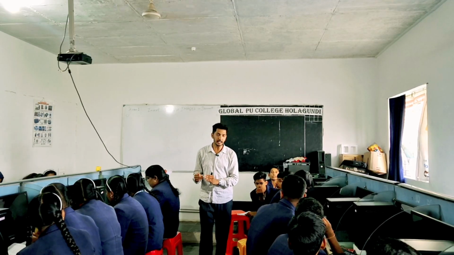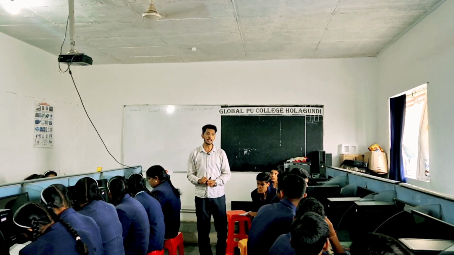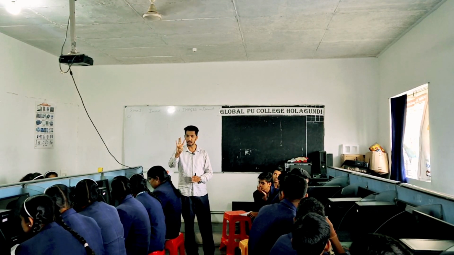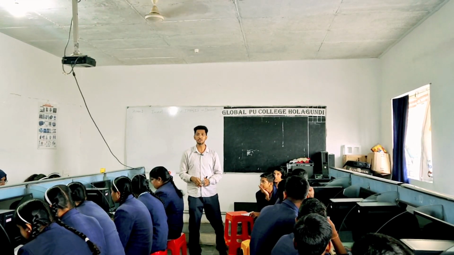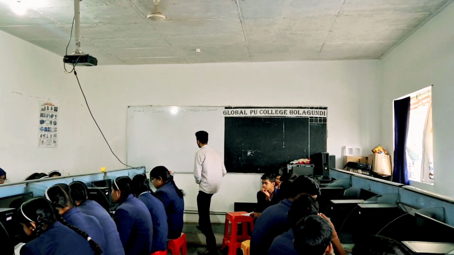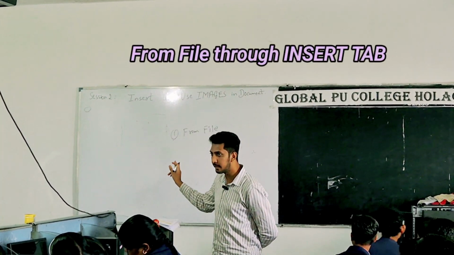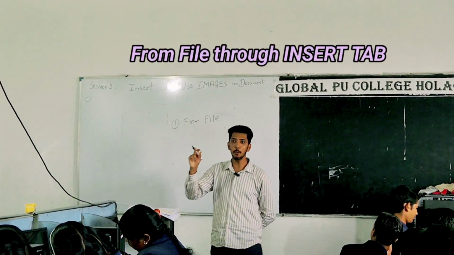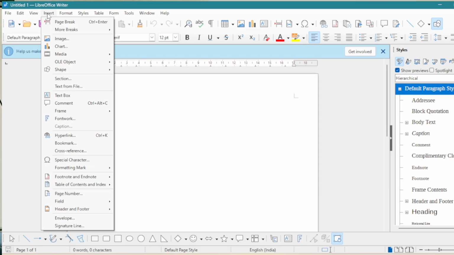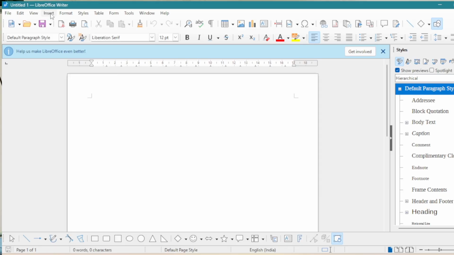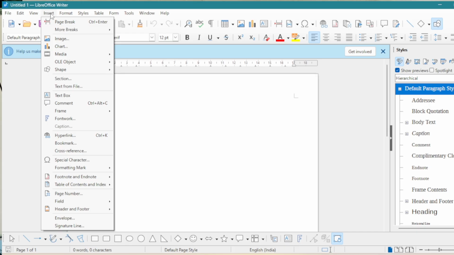Now, in LibreOffice Writer, we have 4 methods to insert an image. The first method is from file. You go to the Insert tab in the menu bar. Beside File and Edit, Insert will be there.